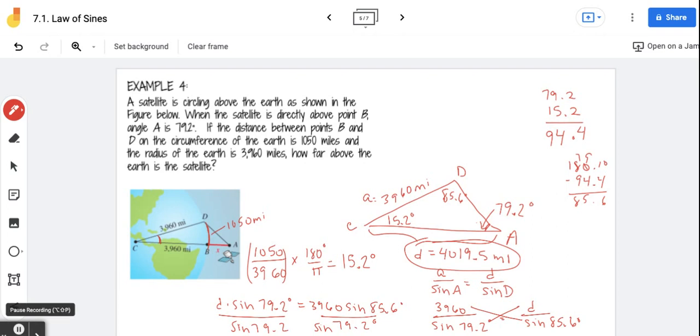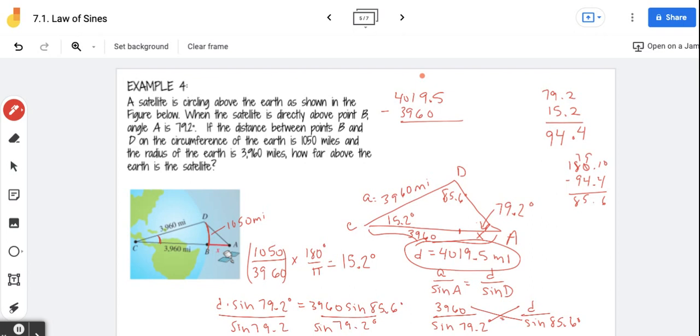All right, so I didn't finish this problem. Remember, we're looking for the distance the satellite is from the surface of Earth. This is the radius, 3,960. This is x. So I really need to take 4,019.5 minus 3,960 to get the actual answer.